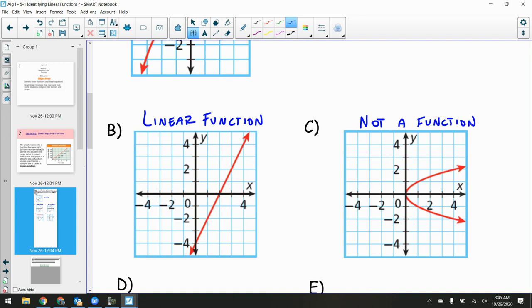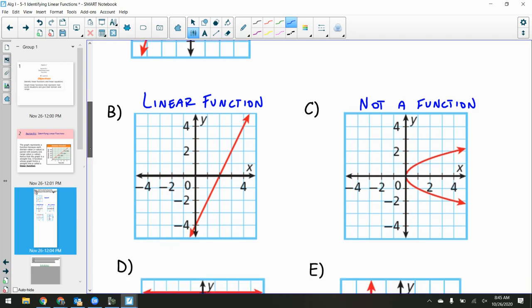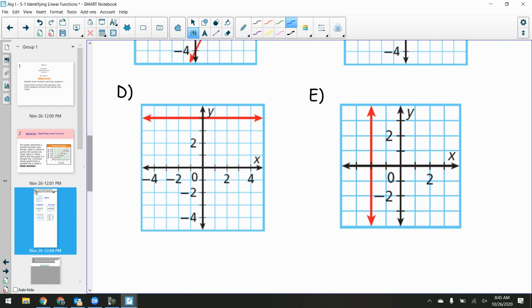And obviously it's not a straight line. Part D. Is that a function? Yes, it is a function. Does it pass the vertical line test? Yes. Is it linear? Yes.